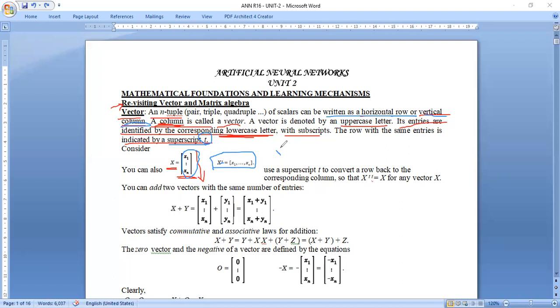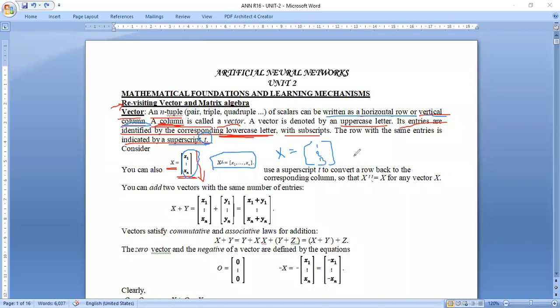See, capital X equal to, if you want to represent a vertical column, just 1, 2, 3, like this. This is the vertical column.